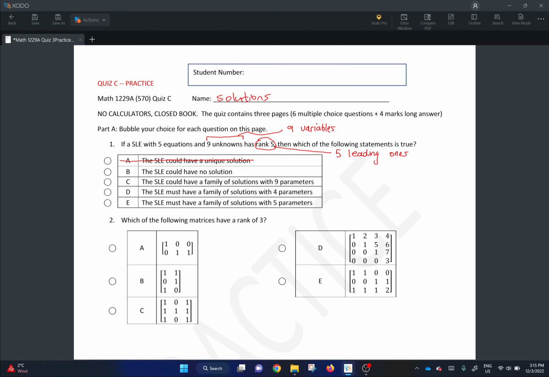One of the problems is that we could have a row that reads 0, 0, 0, 0, not 0. Having 9 variables in a matrix with rank 5 doesn't exclude that possibility. However, what does exclude that possibility is that the system of linear equations only has 5 equations. We only have 5 rows.